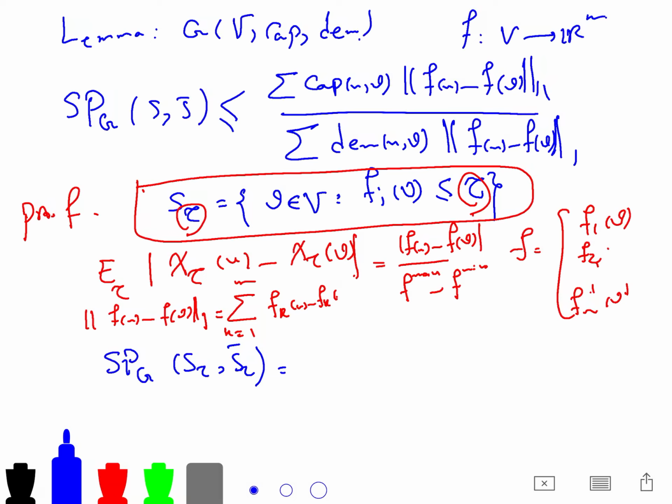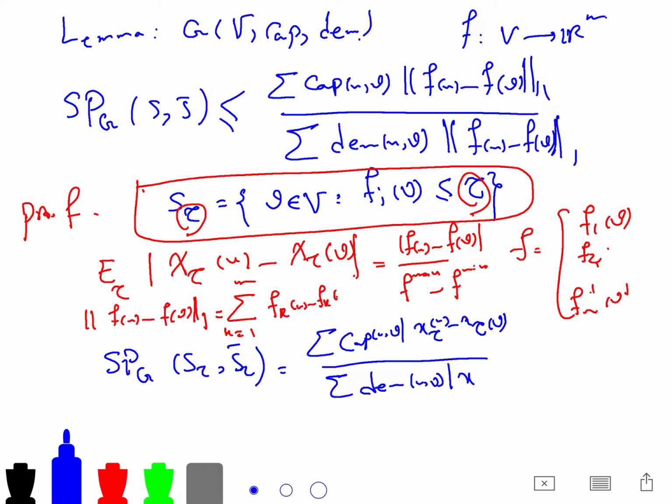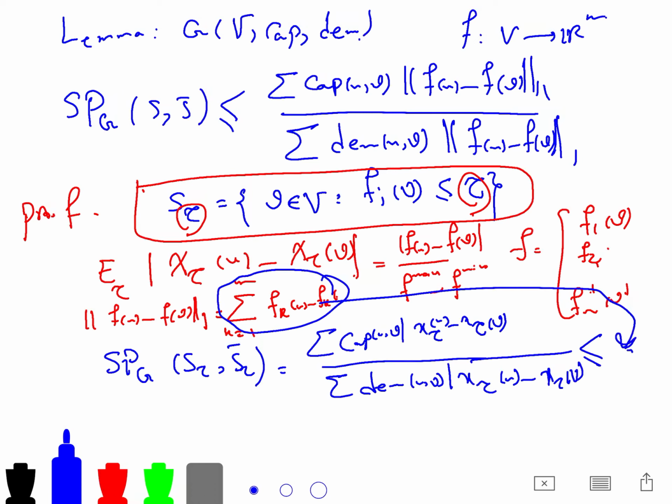The proof is just using the fact that this is the capacity of U and V times x tau of U minus x tau of V, over just the demands of U and V times x tau of U minus x tau of V. And this is less than or equal to this. And the proof uses this. I mean, the idea is just this.